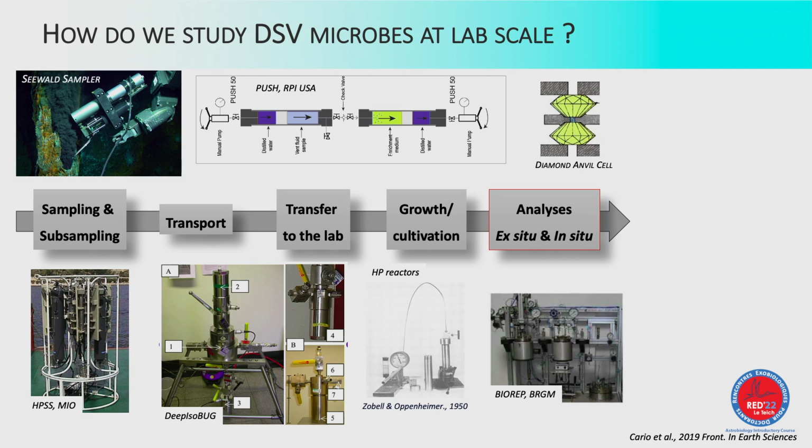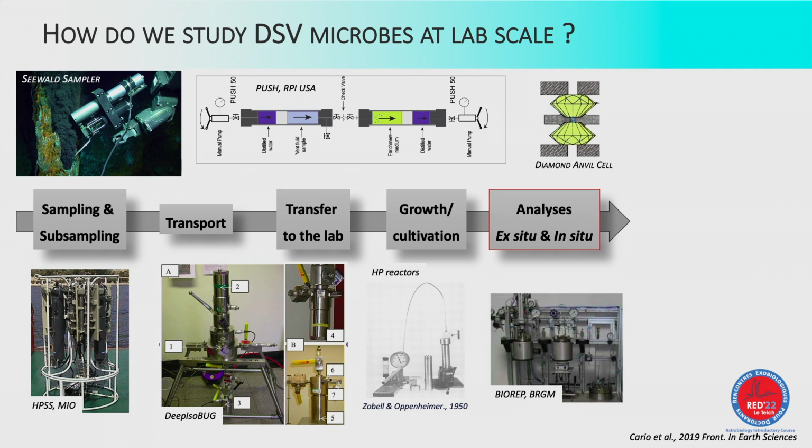Those are stainless steel vessels, so you can do batch cultivation, but also continuous fluid cultivation. Then you analyze those samples ex situ, by decompressing them, or in situ under high pressure conditions, for example using the diamond anvil cell.